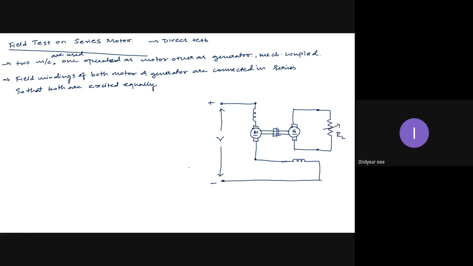So the principle of field test is equating the iron losses of both the machines and friction losses of both the machines by providing equal excitation. That is the reason why the field winding of both motor and generator are connected in series, so that the same field current flows in the field of motor as well as generator and equal excitation is achieved.